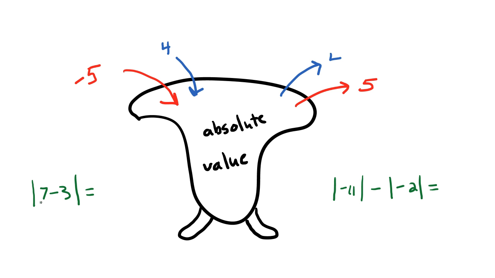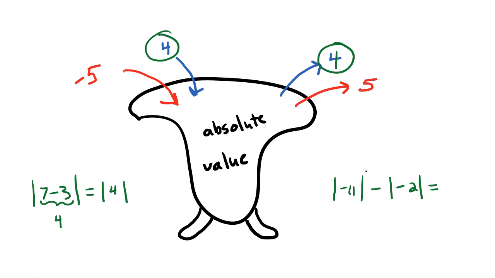So before I can put anything into the tub, I've got to combine the 7 minus 3 and get 4. So what I really need is the absolute value of 4, which we've already shown that you can put it in and it comes out as a 4. So don't put more than one number into the tub, just like you wouldn't put more than one kid into the tub because they may fight.